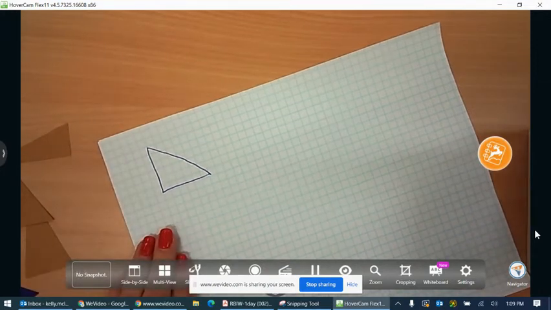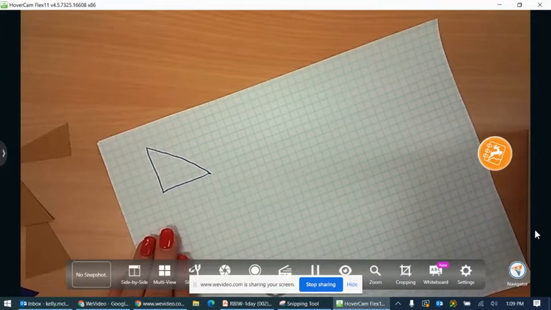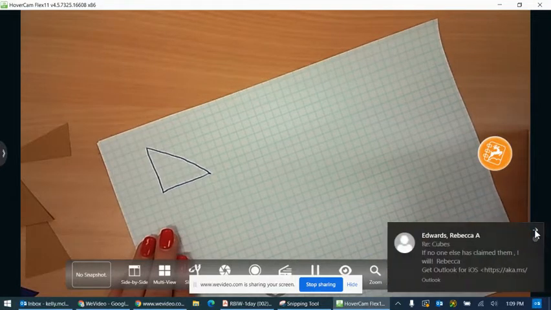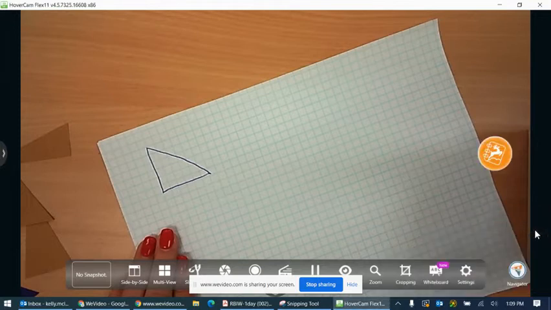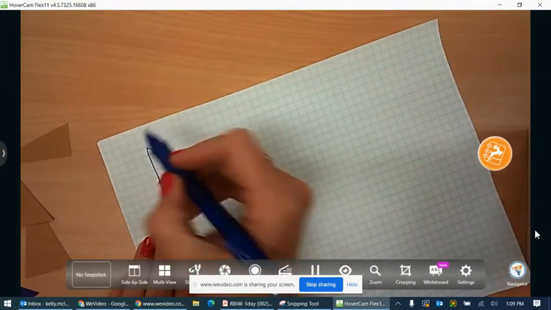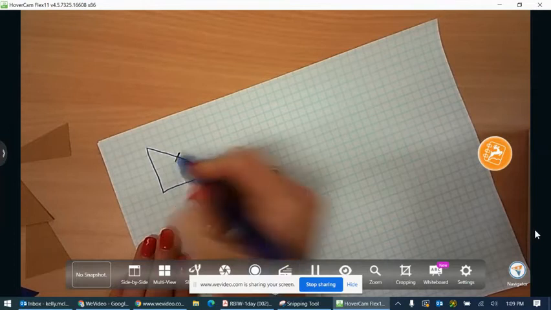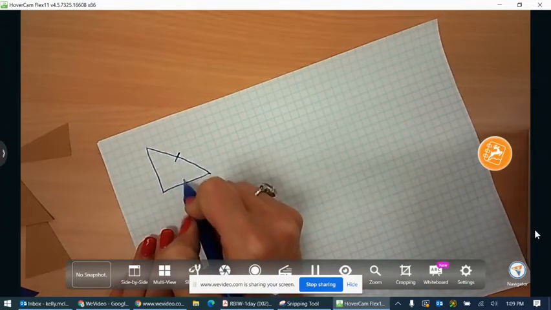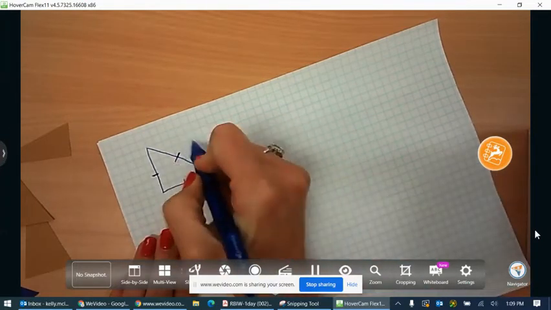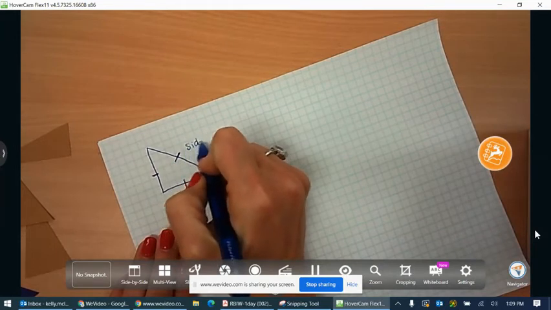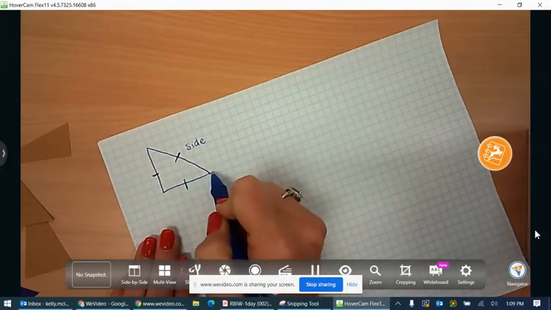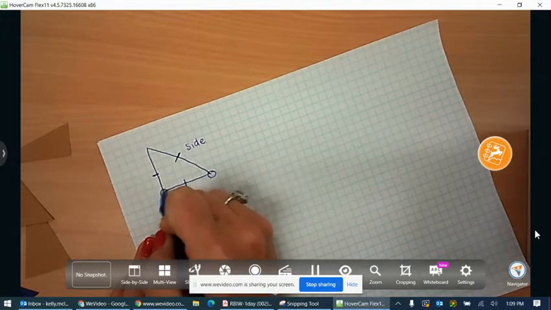With this triangle, I then can label or mark my sides, angles, and vertices. By my sides, I can mark them this way, 1, 2, 3, and I can label them as a side. I also can circle my vertices.